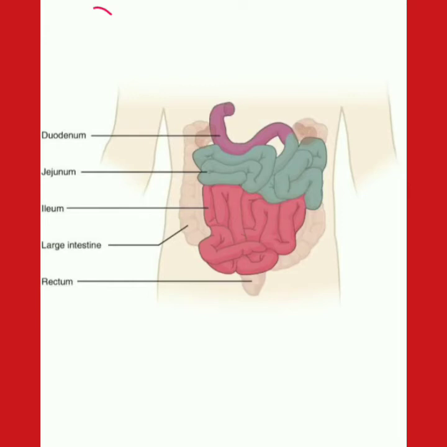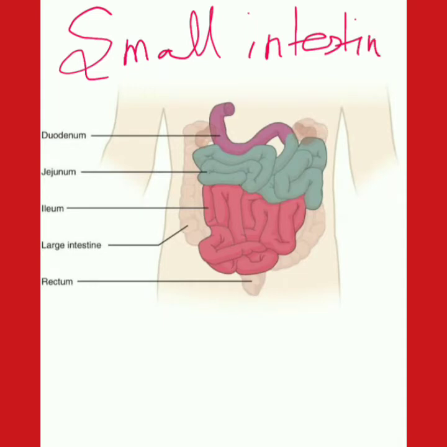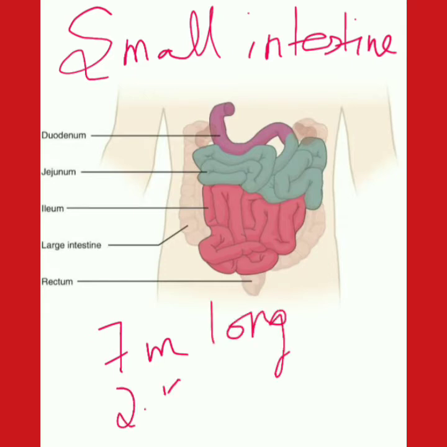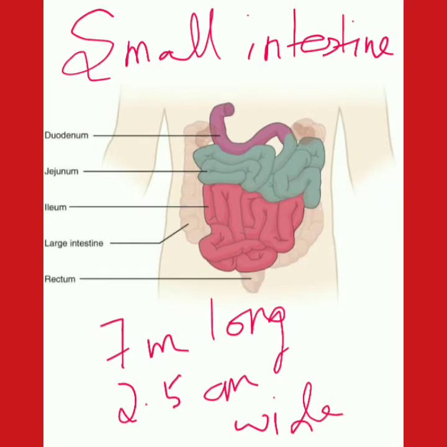The next part is small intestine, which is a tube about 7 meters long and about 2.5 centimeters wide. It is coiled and folded in the abdomen.